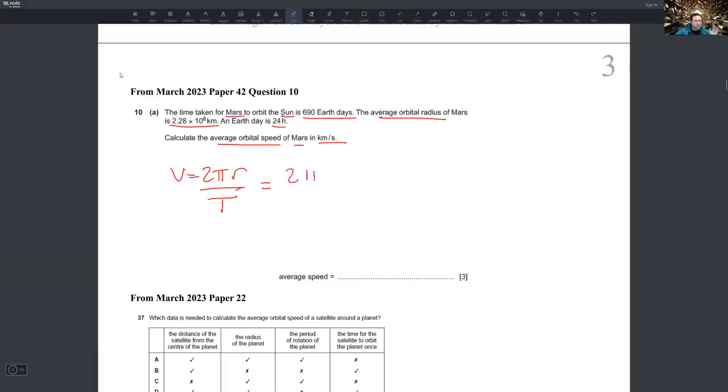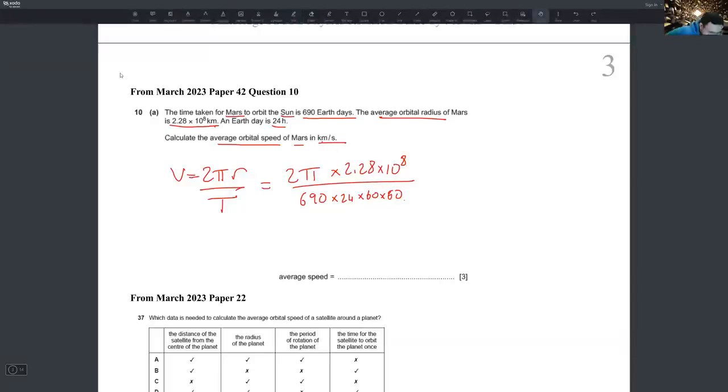So 2 pi, what's the radius? 2.28 times 10 to the power of 8 over, what's the orbital period? 690 days. But does he want it in days? He wants it in kilometers per second. The radius is in kilometers, easy. But I don't want it in days, I want it in seconds. Times 24, times 60, times 60, to change it from days to hours, then hours to minutes, and minutes to seconds.